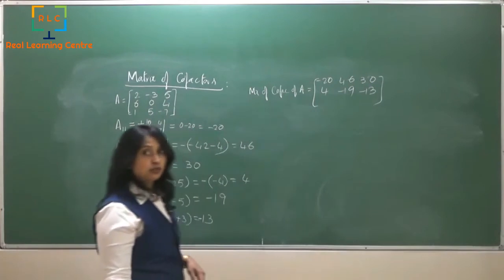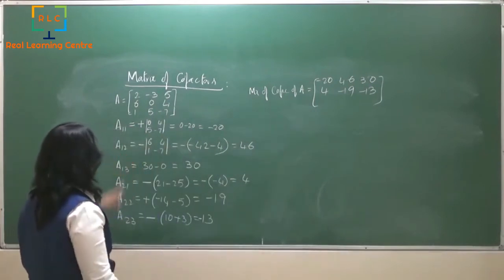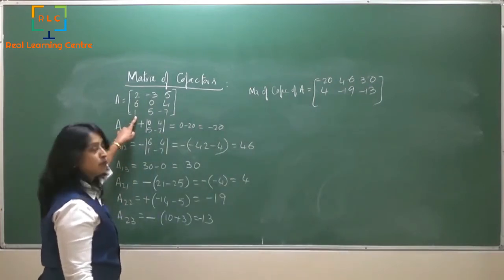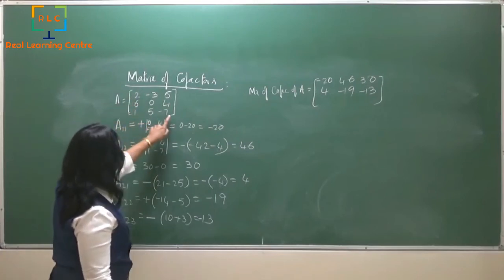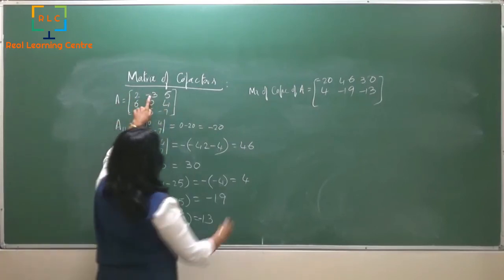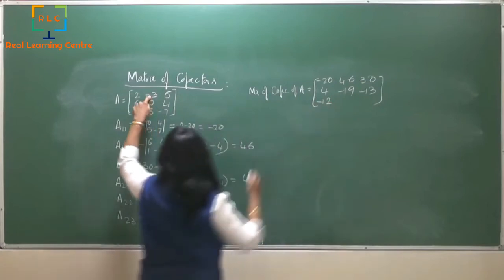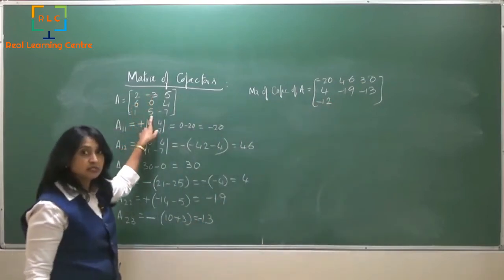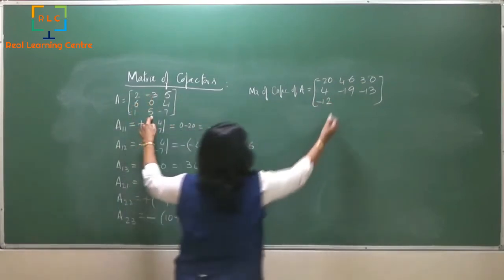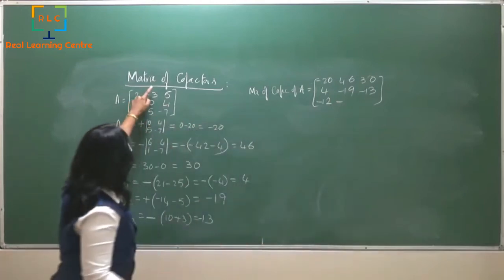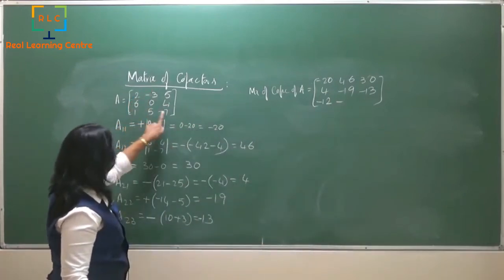Now the remaining I will do directly. Next I want the cofactor of 1. This place will have plus, so neglect this row and this column, then it will be minus 12. So this is minus 12. Next this place will have minus, so I shall take minus here first of all, and wherever 5 is, that column and that row I will delete.